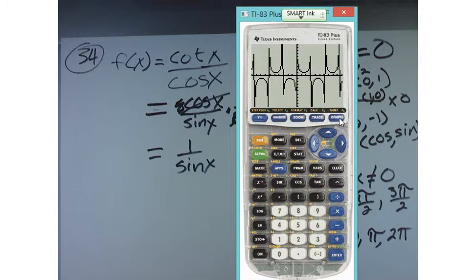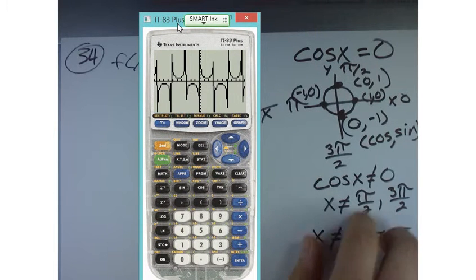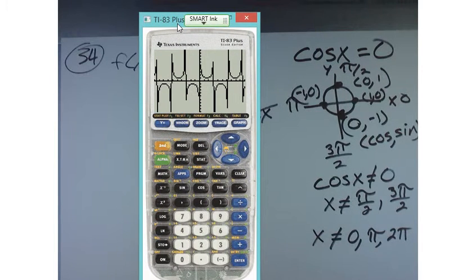And so I've got this kind of funny looking pattern. It's really like 1 over sine of x, which is cosecant. But you're going to have an A vertical asymptote and a B vertical asymptote, and those are going to occur at these two values. That's the two places where you're going to have some issues.